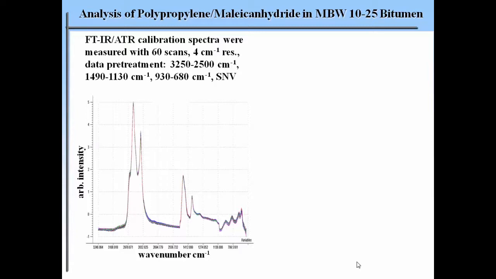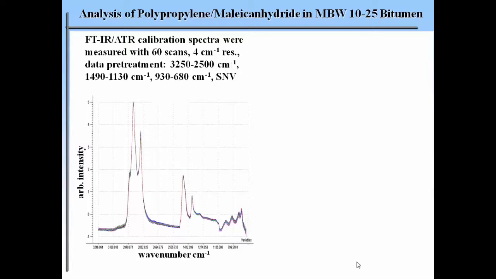Perfect spectra. We have cut out some regions because the diamond absorbs in a certain region and gives a very bad signal to noise ratio, but this is the same for the laboratory instrument, because there you also use a diamond as a reflection element. So the spectra of the laboratory instrument looked absolutely the same.